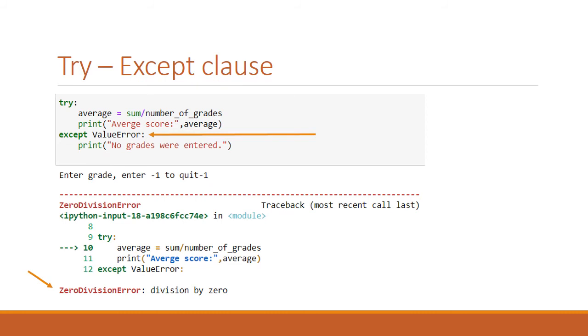But when the code is executed, when number of grades is equal to 0, a zero division error is thrown. Therefore, the zero division error is not caught, and that's an unhandled exception, and an error message is displayed on the screen.